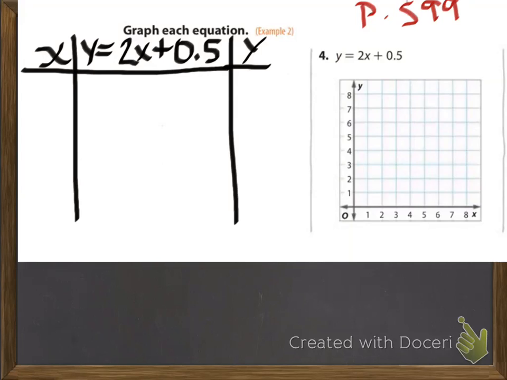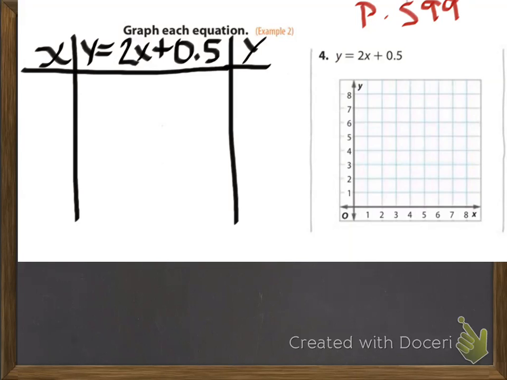So it's going to be up to you whether you want to still use 0, 1, 2, or whether it would be easier for you to choose something with decimals to substitute so that when you go to write it on your graph, you have a number that fits exactly on the 1, 2, 3, 4 lines, or if you want to have something in between.